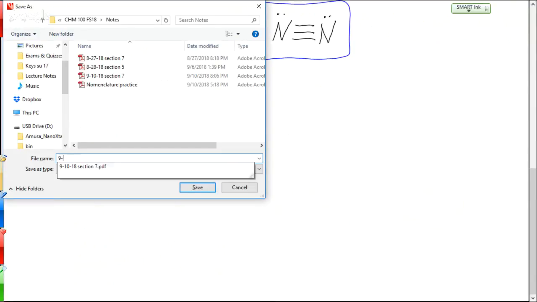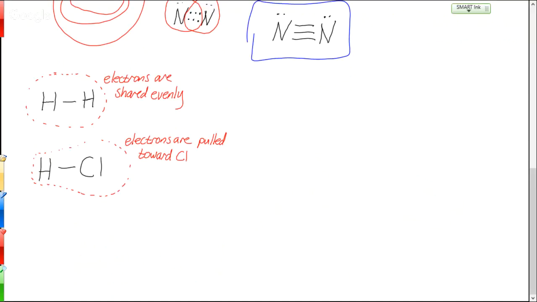Electrons are pulled more toward the chlorine here in this example.